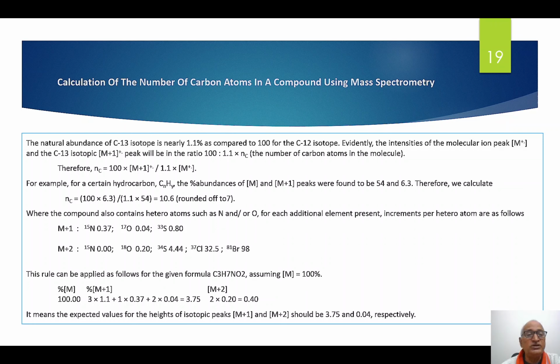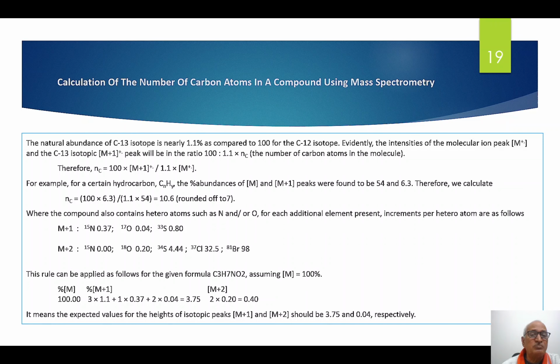Therefore, we calculate Nc equal to 100 multiplied by 6.3 divided by 1.1 multiplied by 54. We get the number 10.6, rounded to 11. It should be 11.